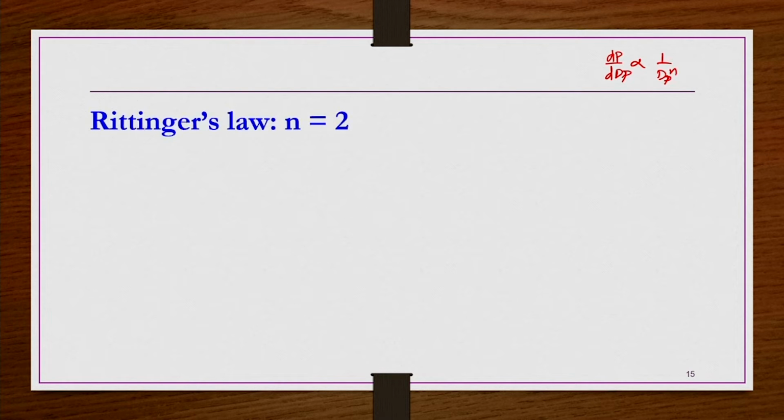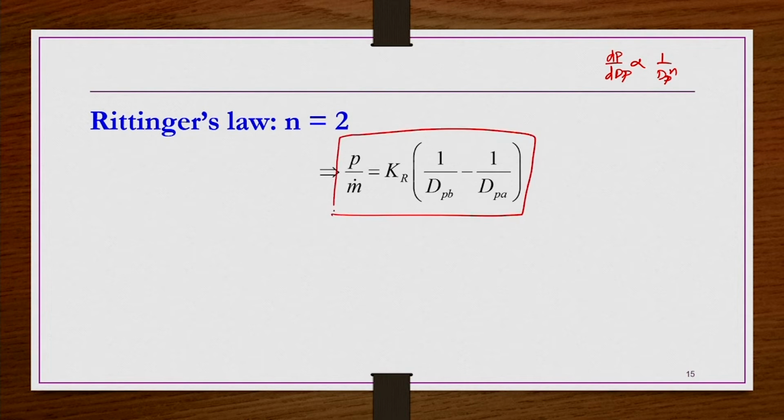First we take n equals 2. If you take n equals 2 in this equation, dP by dDP proportional to 1 by dP power n, and then do the integration and substitute the limits from feed size to product size, then you will get P by m dot equals some constant multiplied by 1 by dPB minus 1 by dPA.